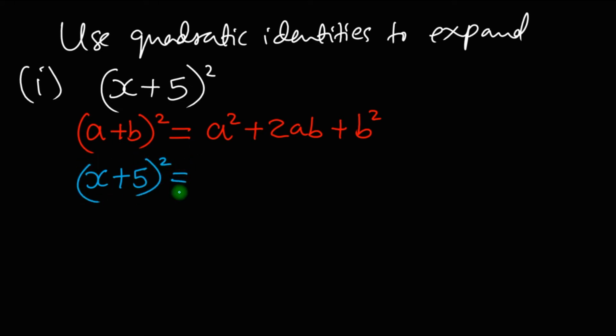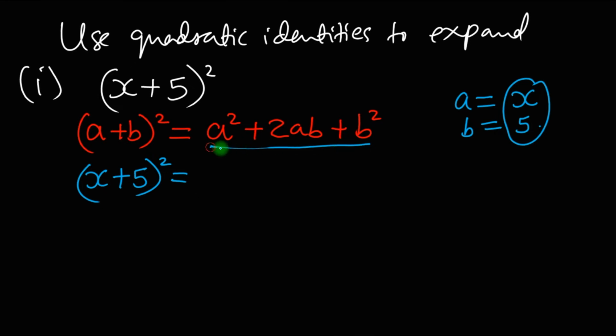So in our case, what we have been given is x plus 5 squared. So in the expanded form will be what? We need to get the corresponding value. So in our case, a represents x and b represents 5. So this is what we are going to substitute into this expanded form.